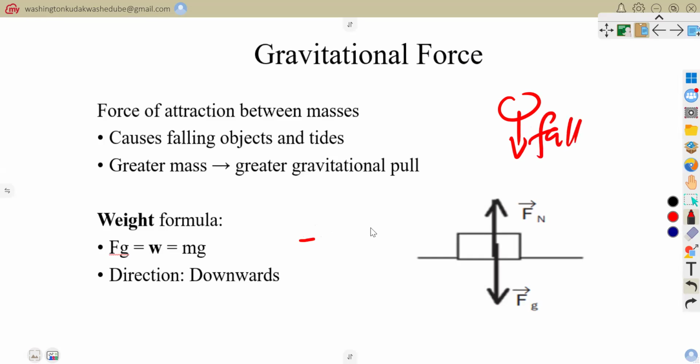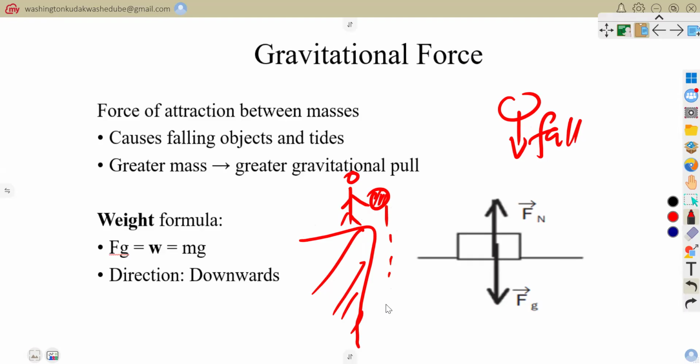Let's say you are at a certain height, maybe on top of a building, holding a ball, and you release it. What causes that ball to fall from the top of the building is the gravitational force.